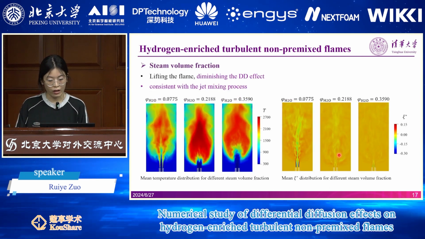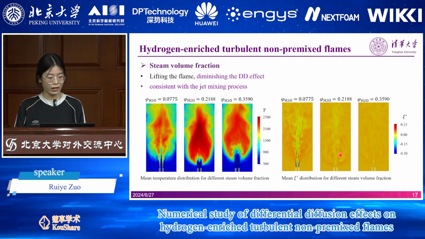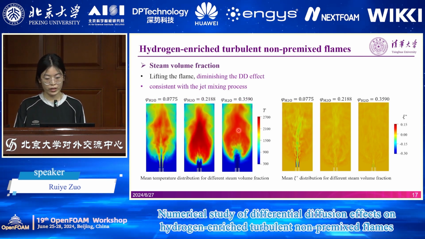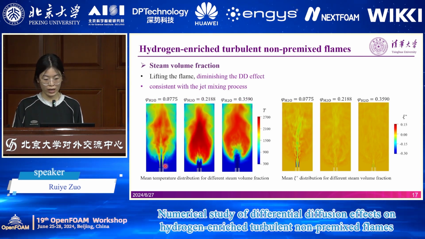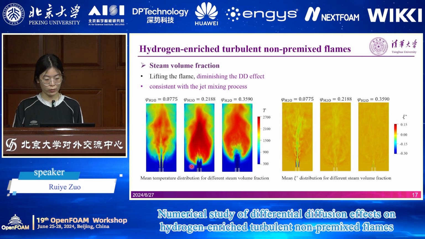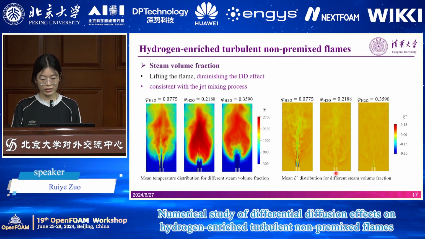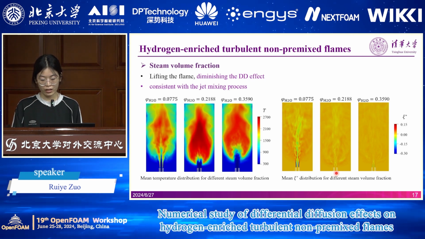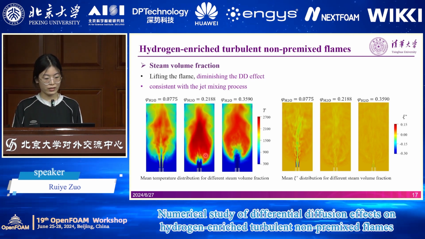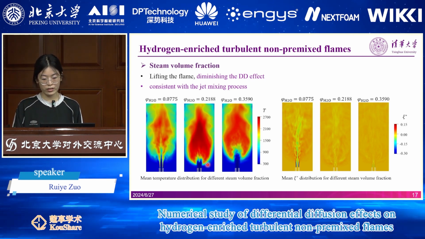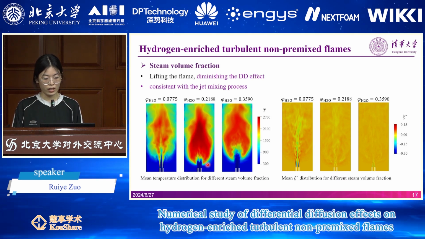And we can also observe that with an increase in volume fraction of steam, the flame rises, which weakens chemical reaction near the nozzle exit, and thus diminishes differential diffusion effect. As the flame further rises, no chemical reactions occur near the nozzle exit.